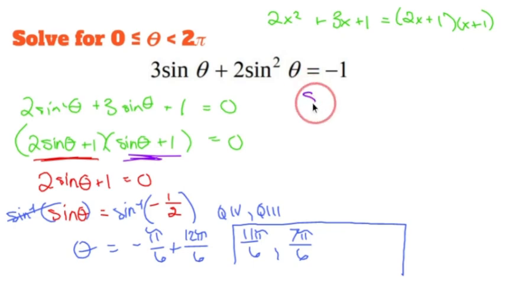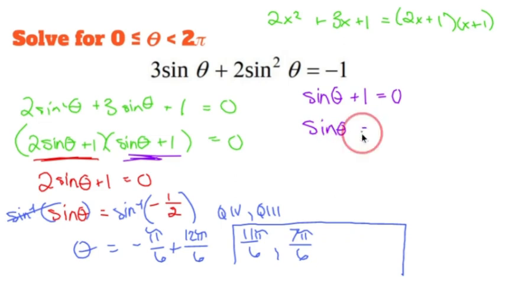I have sine theta plus 1 equals 0. Zero product property. Subtract 1, and sine theta equals -1. Inverse sine both sides, like so.